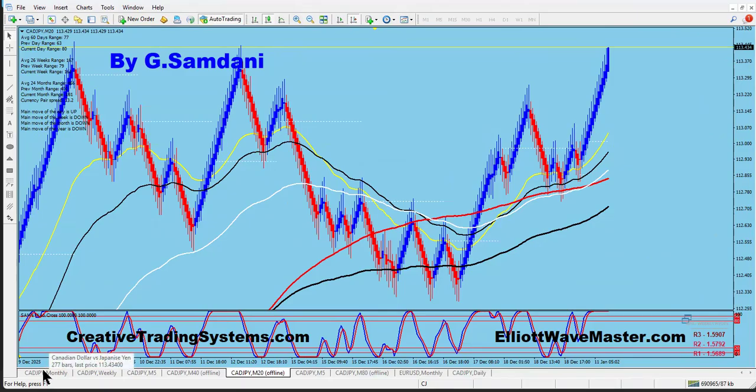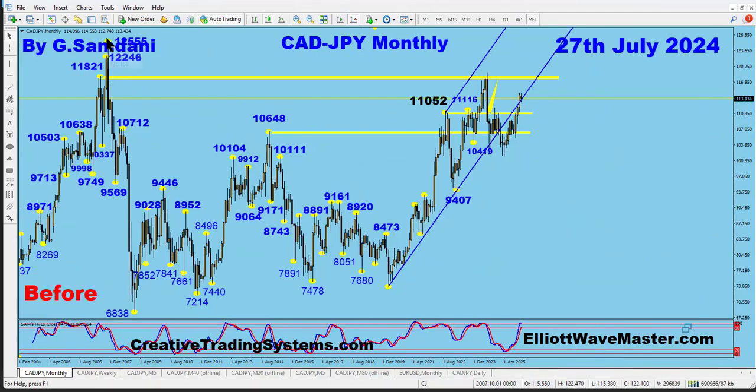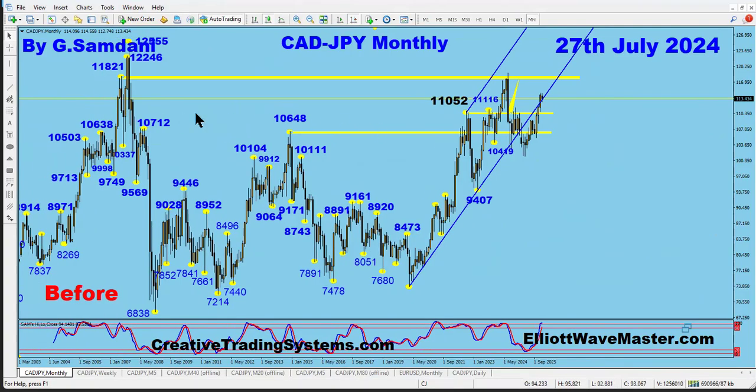CAD yen monthly chart, again, this one has high of this one, this and this, right? We are right here. This is the highest. This is all the chart that I have here since 2003. So target is going to be these levels, right? So we hit this one, 118.21, and drop, just like the other pairs, right?